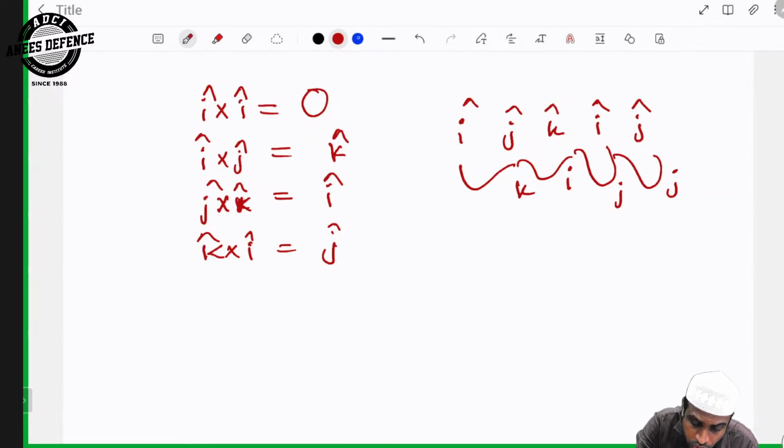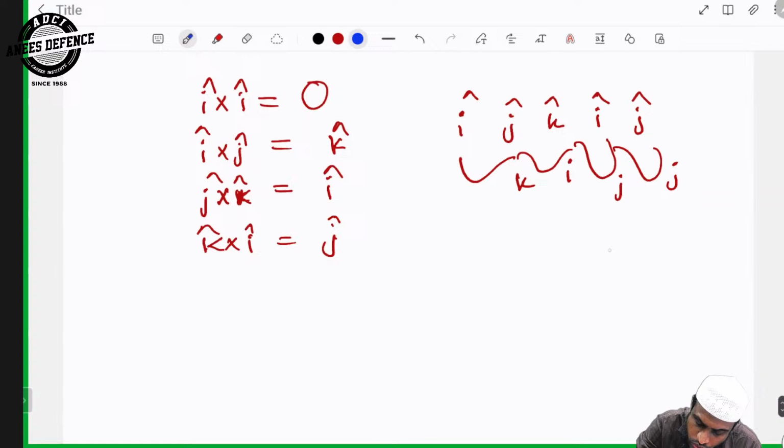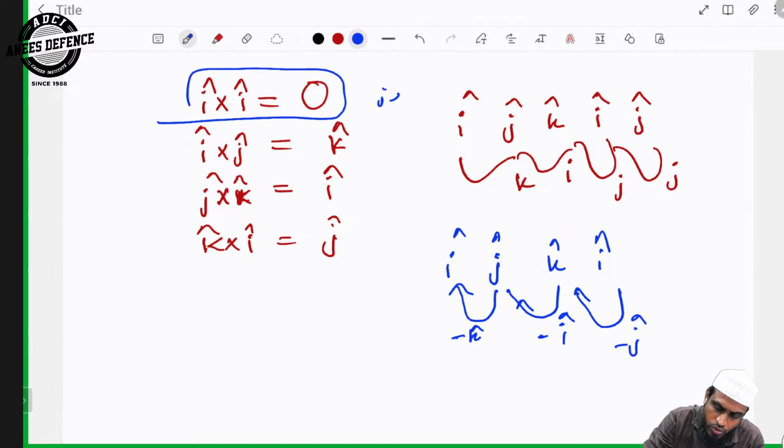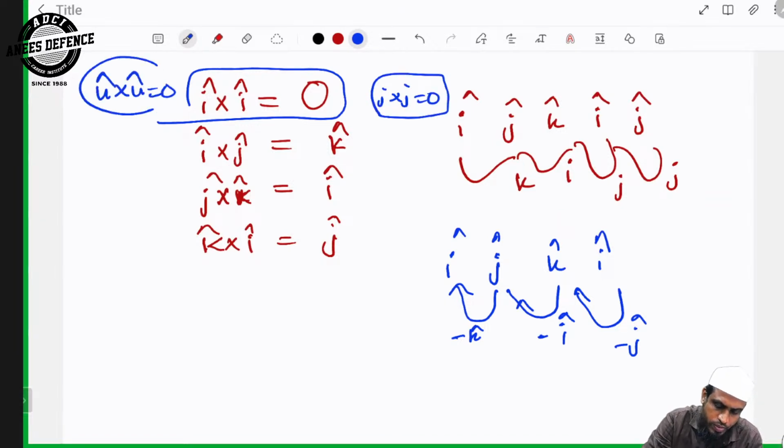But if you are doing in the reverse order, for example, I, j, k, then j cross I will be minus k. K cross j will be minus I. I cross k will be minus j. So you should remember I cross I equal to 0, j cross j equal to 0, k cross k equal to 0.